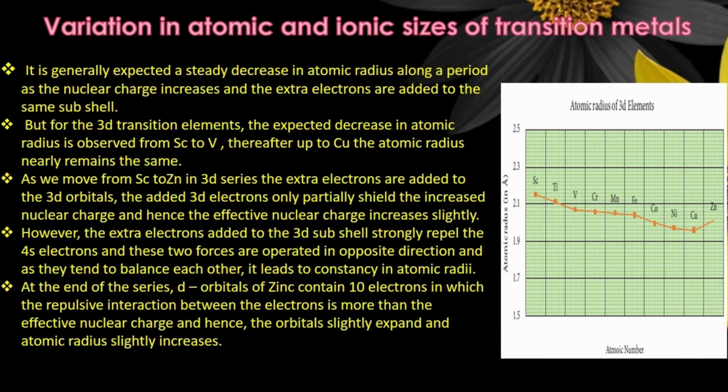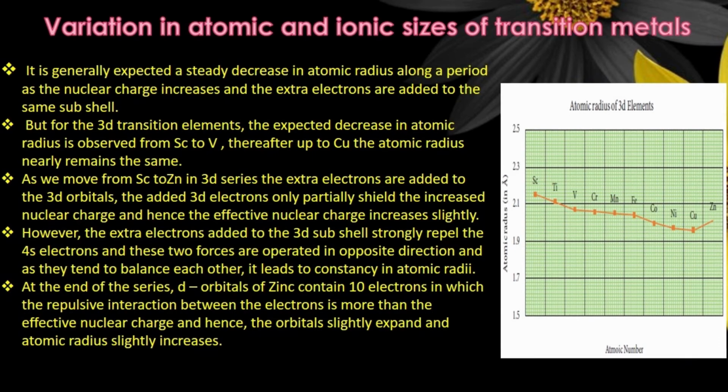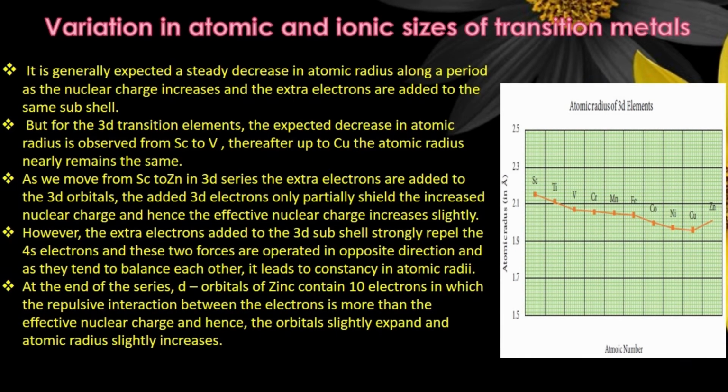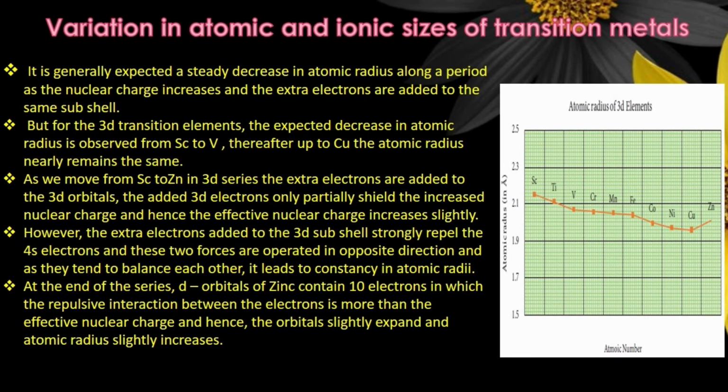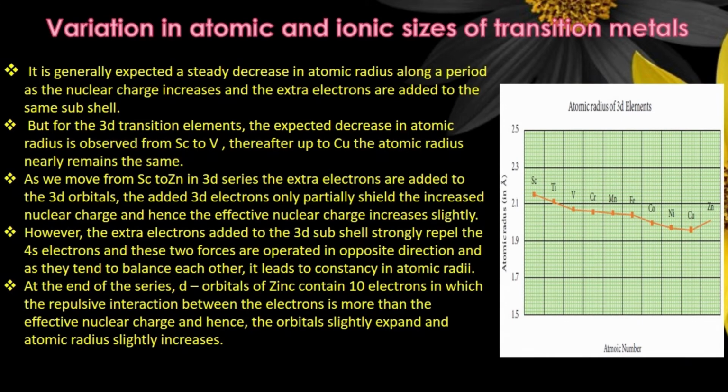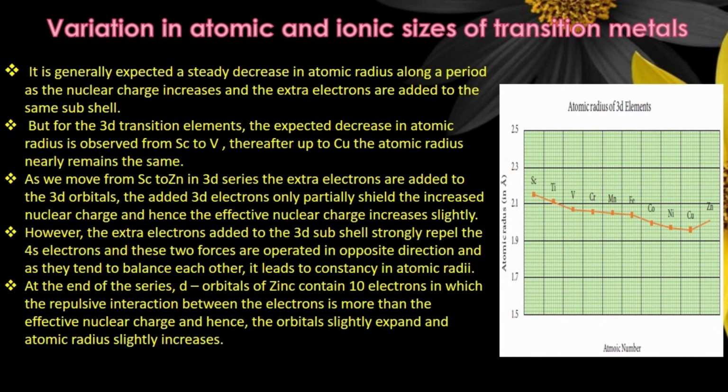As a result, atomic radius increases. Since these two forces are acting in opposite direction, they will try to balance each other. Hence, size of an atom will remain almost the same from vanadium till copper.